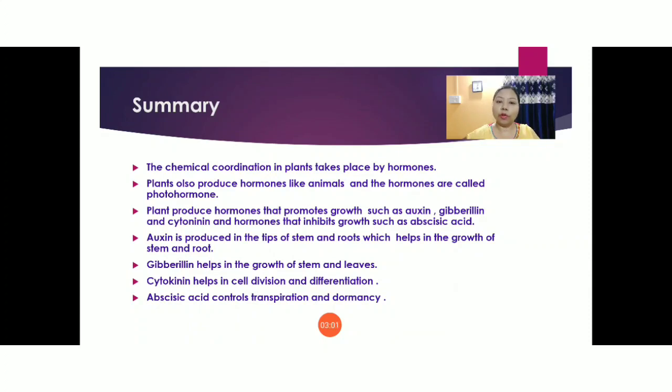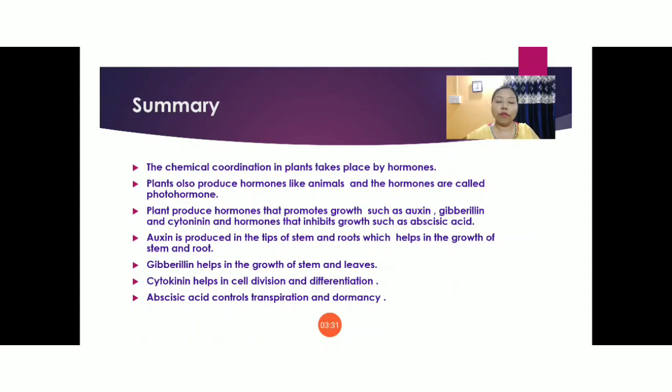Plants produce hormones that promote growth such as auxin, gibberellin and cytokinin, and hormones that inhibit growth such as abscisic acid. Auxin is produced in the tips of stems and roots which help in the growth of stem and root. Gibberellin helps in the growth of the stems and leaves. Cytokinin helps in cell division and differentiation, and abscisic acid controls transpiration and dormancy.